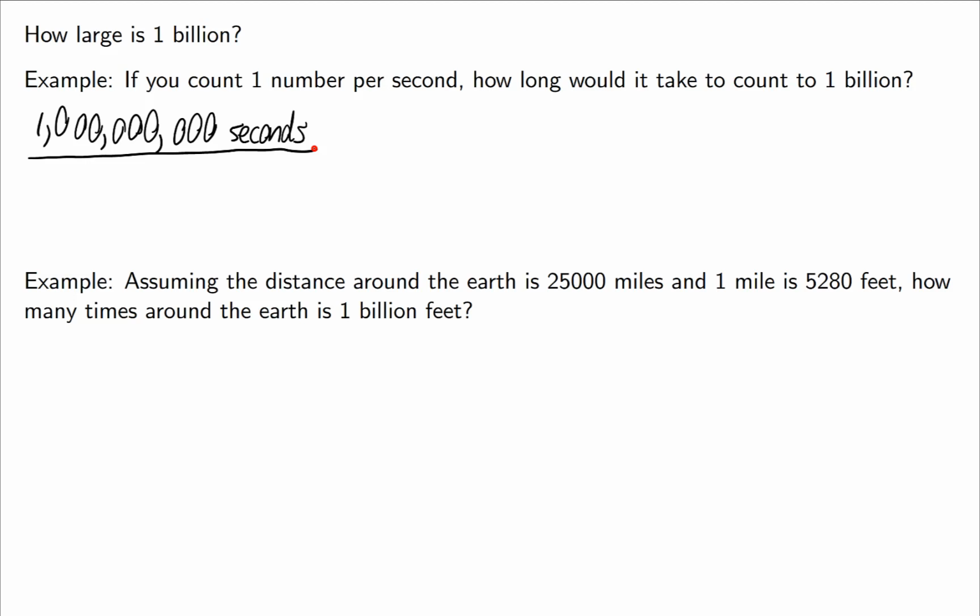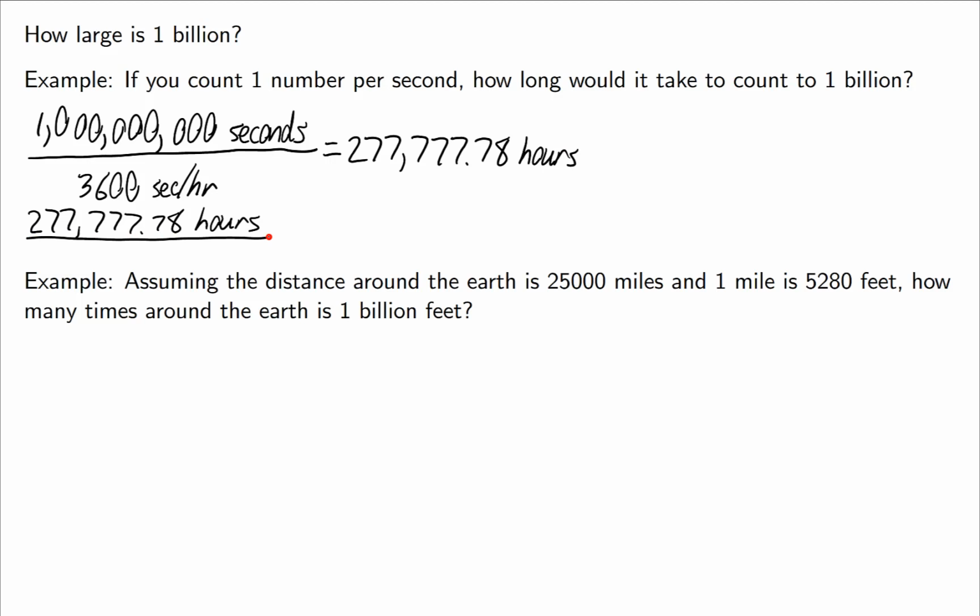Before we divided by 60 to go to minutes, and then divided by 60 again to go to hours, you can look at the number of seconds in an hour directly if you just say 60 times 60, which is 3,600 seconds in an hour. Let's see what we get out of that. I get 277,777.78 hours.